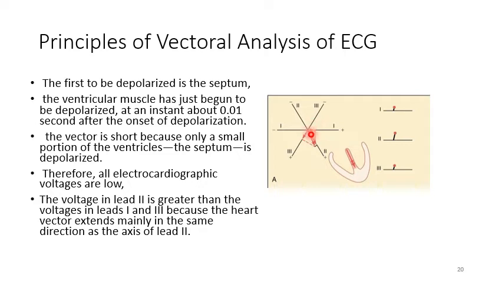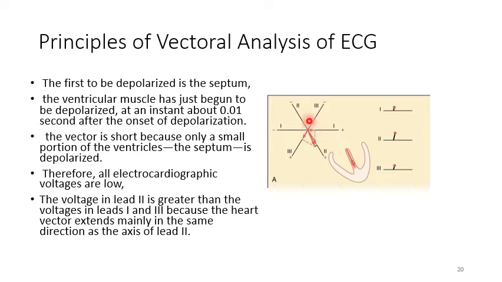This is small, or short, and we call it the projected vector in lead 1. So this is how lead 1 sees the instantaneous cardiac vector.